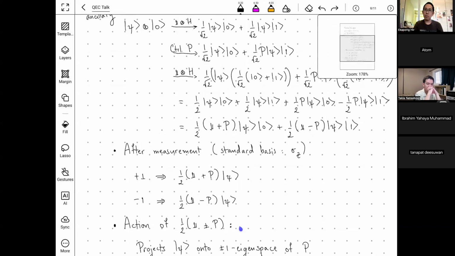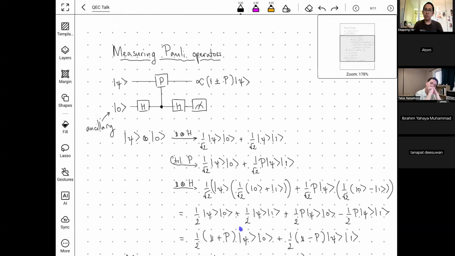Okay, moving on. This one is about how you can measure the Pauli operators. It's a continuation of yesterday, when Atan Om talked about the state collapsing after the measurement, and hopefully this page will answer those questions.